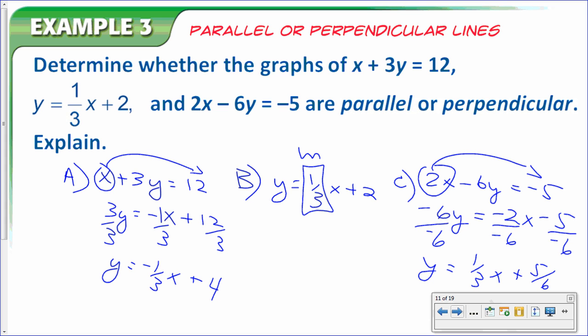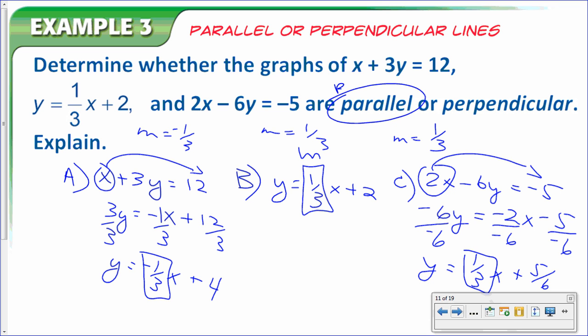Just leave it like that. Okay, so we got the slope here, 1/3. Slope equals 1/3 there, slope equals -1/3. So what do you see here? B and C are parallel.